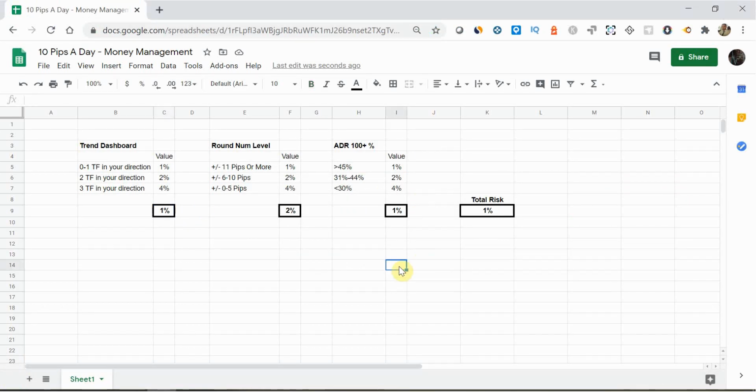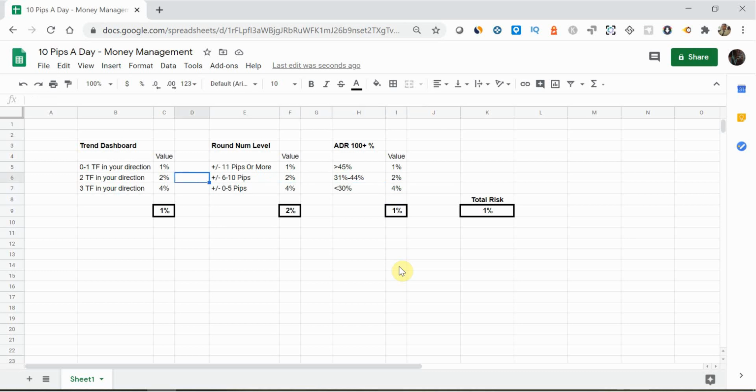This calculation assumes that all of these three things are weighted equally. I can evolve this over time if you feel that the trend dashboard is more important than the ADR being over 100%, because this calculation could be 101% every time at 80%. So I kind of get what that means.